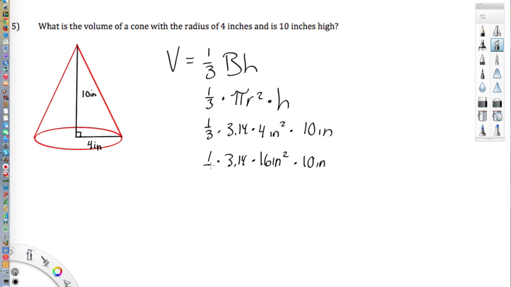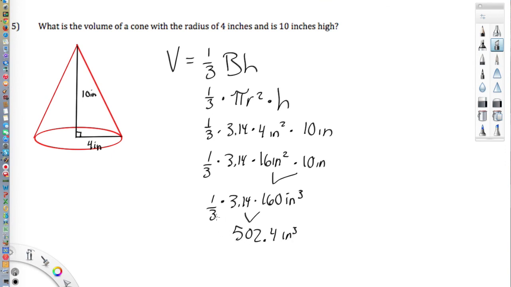And don't forget about the 1/3. I'm going to take care of this first. 16 times 10, so 16 inches squared times 10 inches is going to be 160 cubic inches times 3.14 times 1/3, and 3.14 times 160, that's going to be 502 and 4/10 cubic inches.